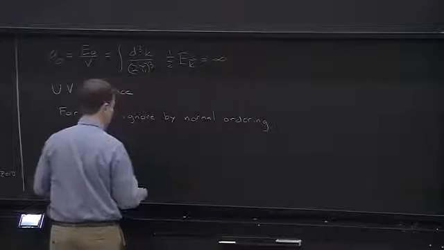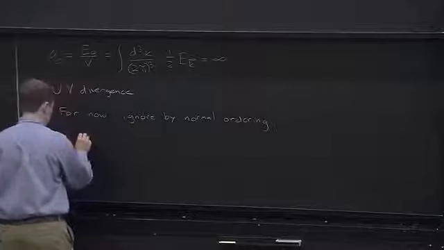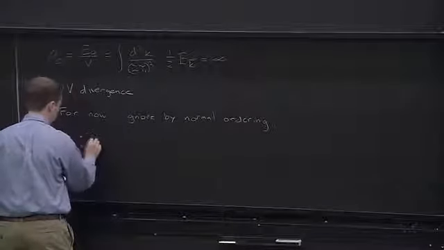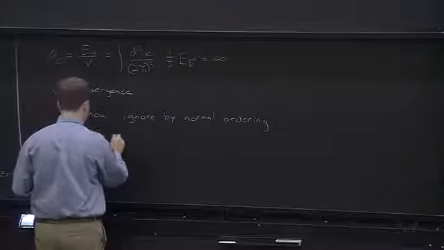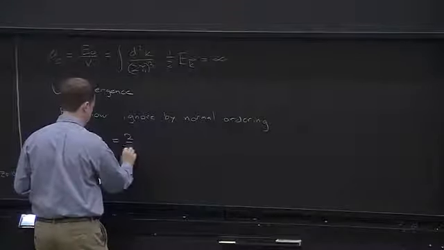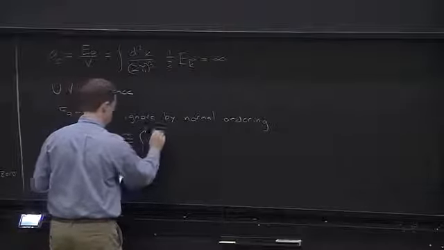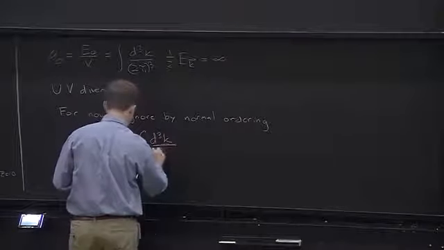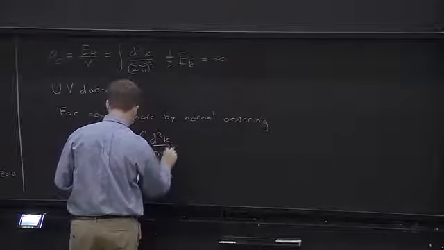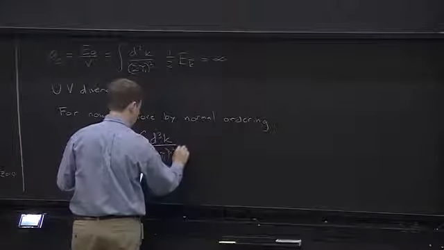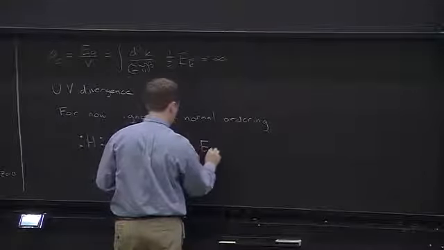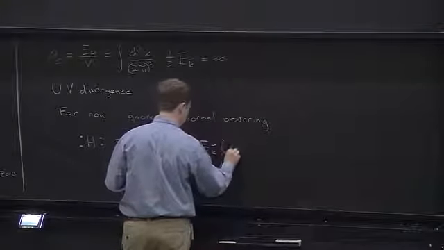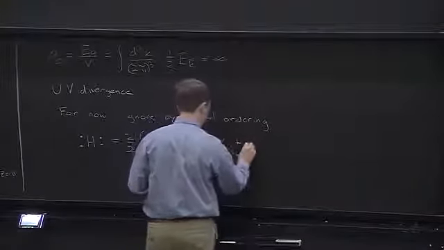This normal ordering just means putting all of the annihilation operators to the right. And so the normal ordered Hamiltonian then just becomes this.